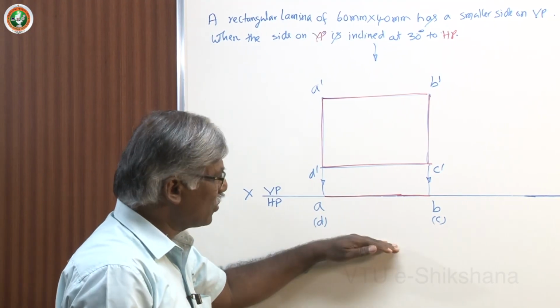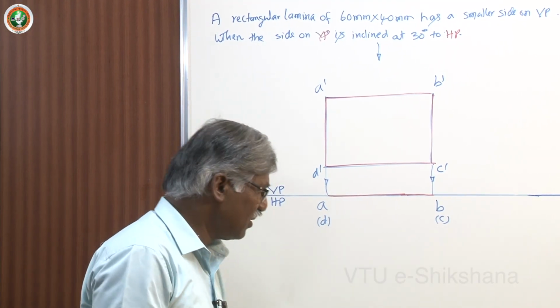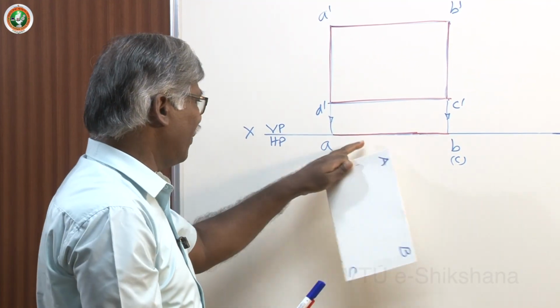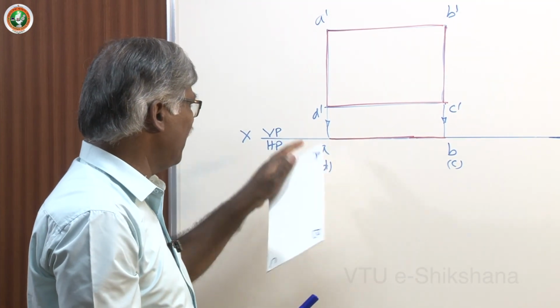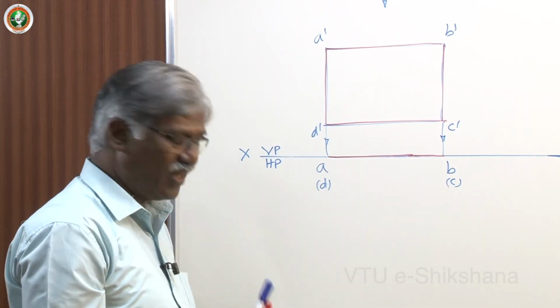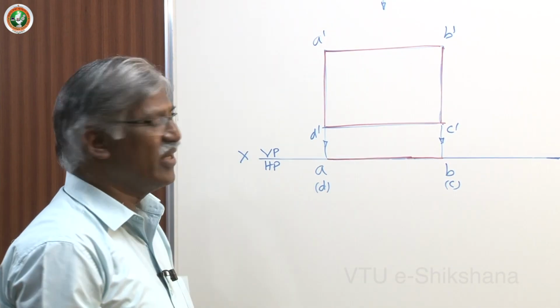Why not below the XY line? Because this is on VP, definitely it will be on XY. Whatever you do here for VP, it is on VP and the lamina is above HP at some distance. That distance you need not worry about. You can take a convenient distance.